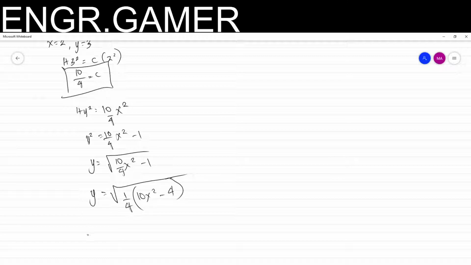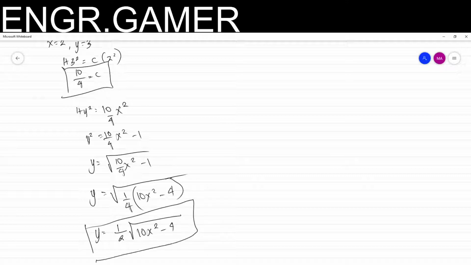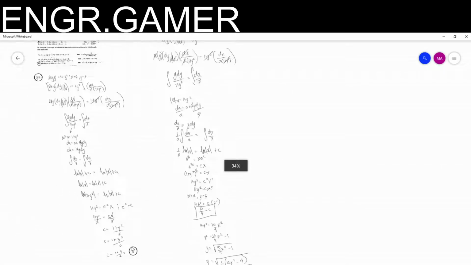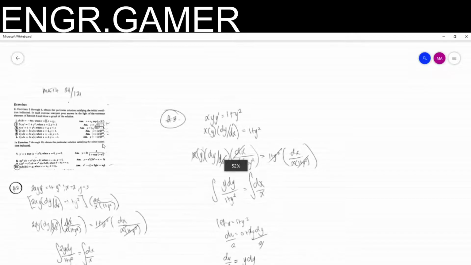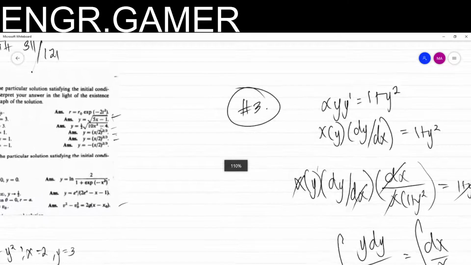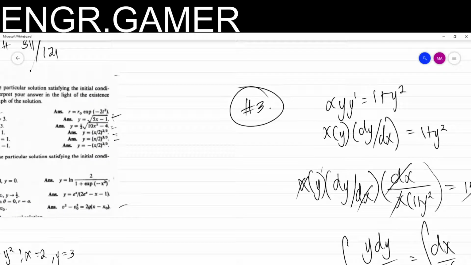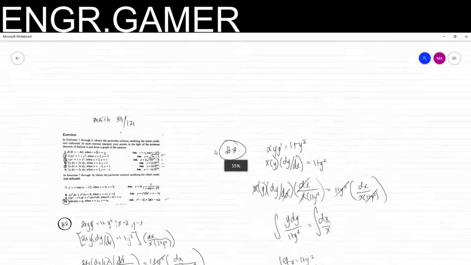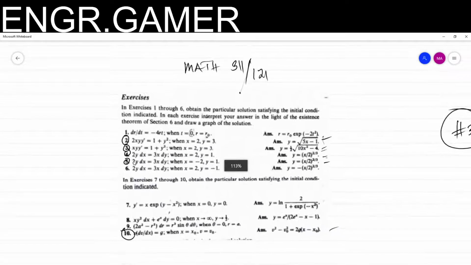Square root of 1 is 1. Square root of 4 is 2. So meron tayong 1/2 square root of 10x squared minus 4. Check natin kung tama yung answer natin. We have 10x squared minus 4. Okay? So tama. So punta tayo sa number 4.